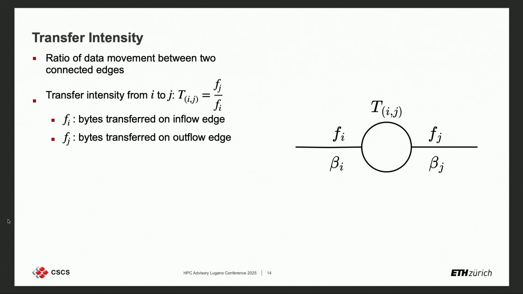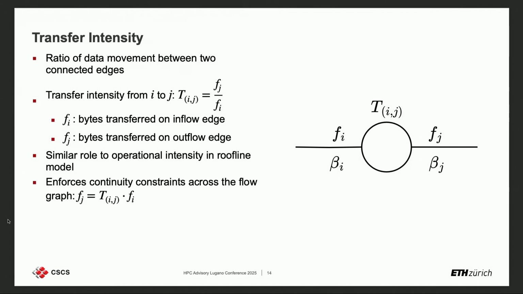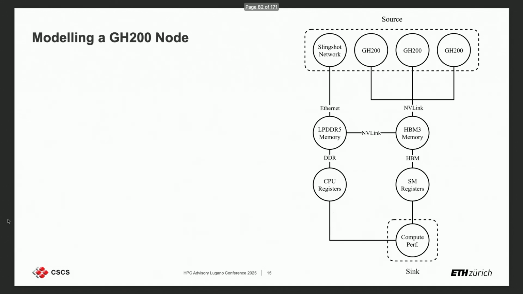Again, it serves a similar role to operational intensity. The idea is that we can enforce a similar continuity constraint where the flow J is equal to the flow I multiplied by this transfer intensity. It is a unitless ratio of data movement. It's a little bit different, but the point is that it is used to enforce this continuity constraint.